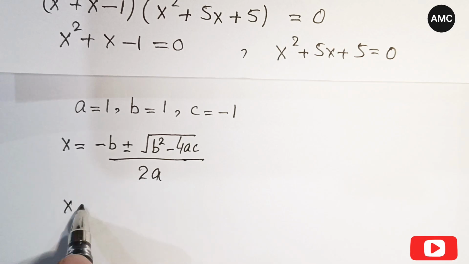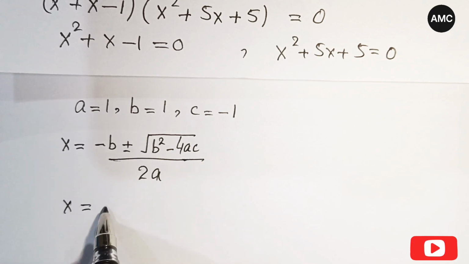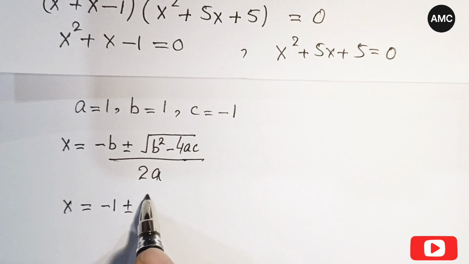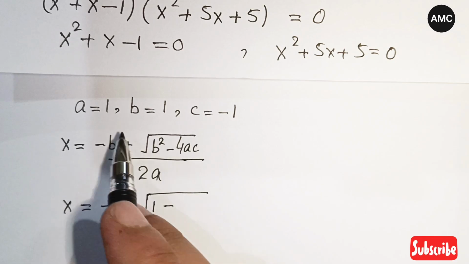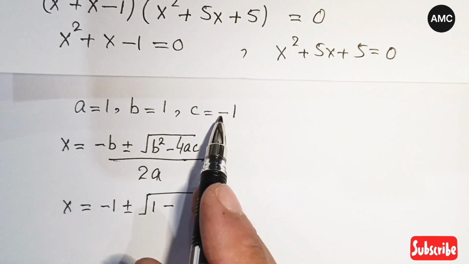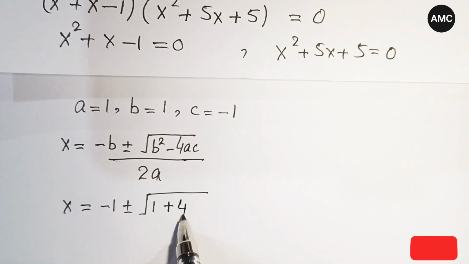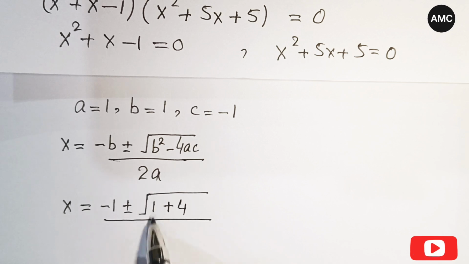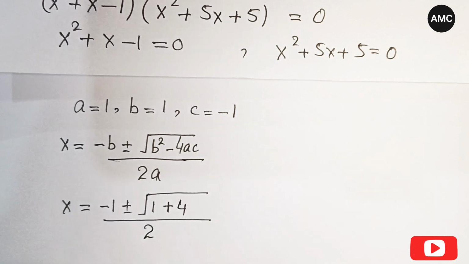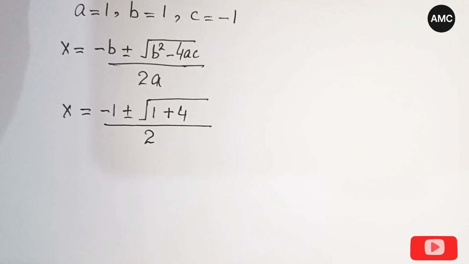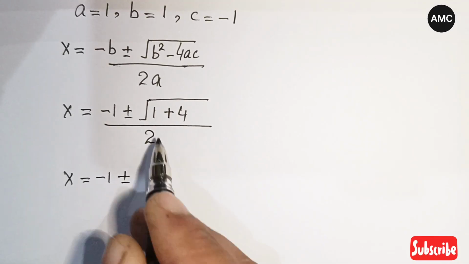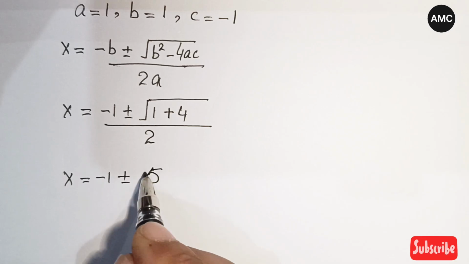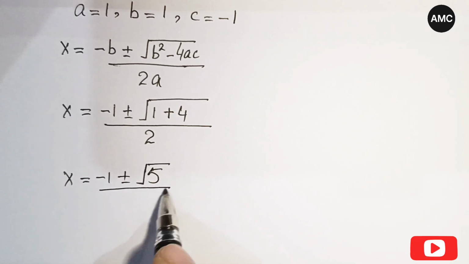Here we have x is equal to, the value of b is 1, so minus 1 plus minus the square root of 1 squared is 1, and minus 4 times 1 is 4, and minus times minus is plus, so we get plus 4, all over 2 times 1 is 2. Now x is equal to minus 1 plus minus the square root of 1 plus 4, which is square root of 5, all over 2.